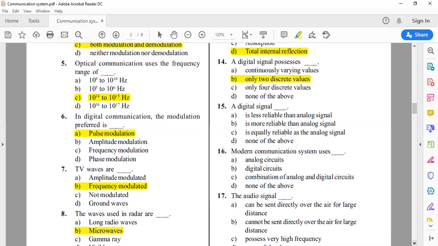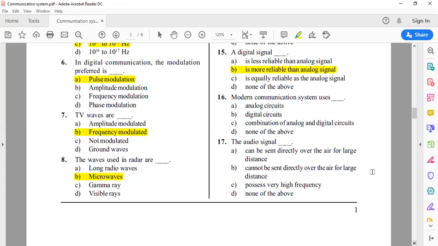So the correct option is more reliable than the analog signal, because in the analog signal there is a continuous change in the signal from maximum value to minimum value. But in the digital signal there are only two discrete values, that is 0 and 1. So for question number 15, the correct option is option number B, is more reliable than the analog signal.